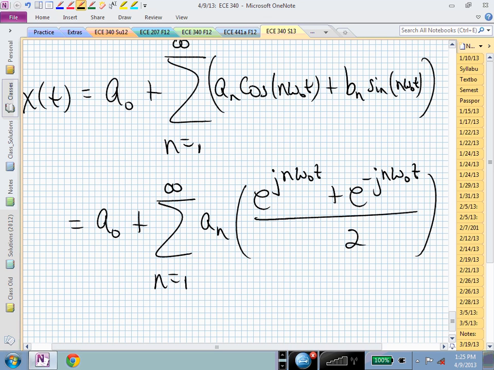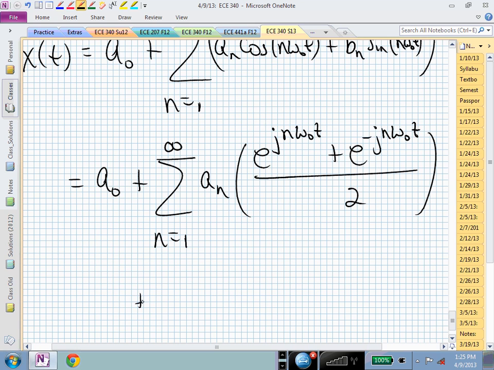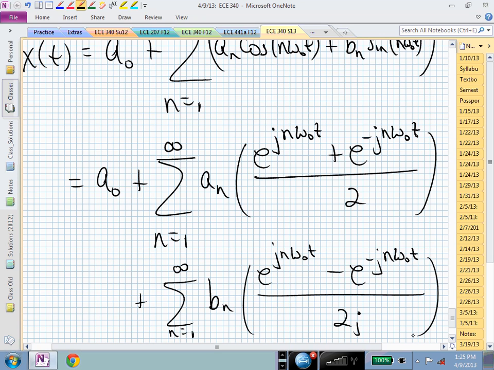That's the cosine piece. Then I have the sine piece, plus an infinite sum from 1 to infinity, b sub n, and now this sine is e to the j n omega naught t minus e to the minus j n omega naught t all over 2j.